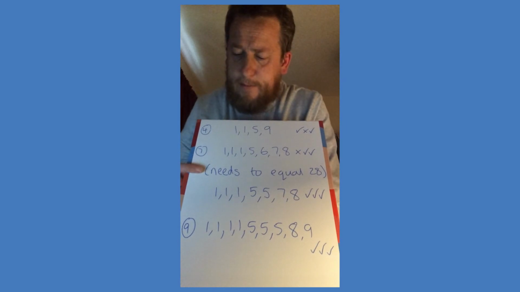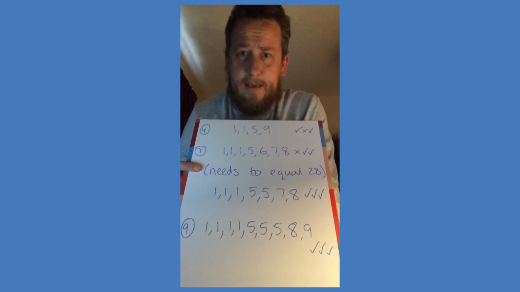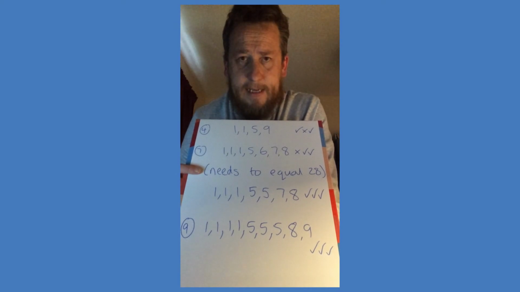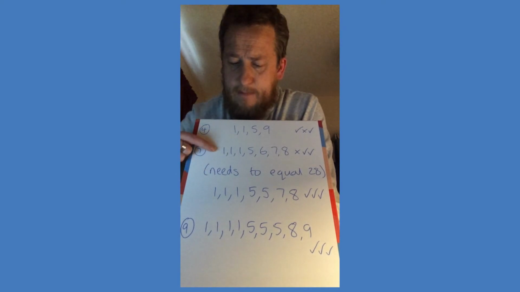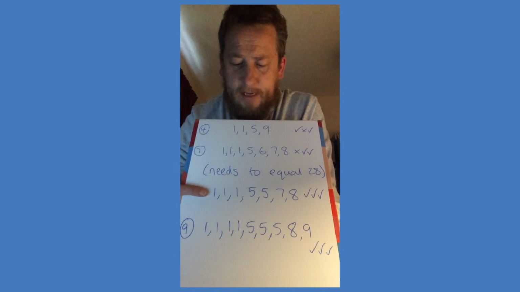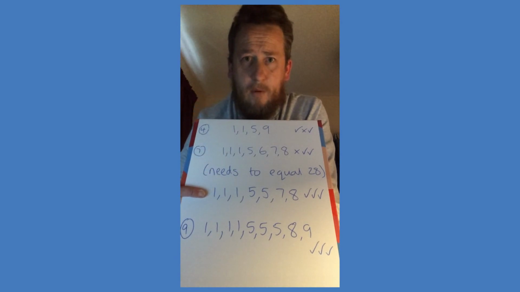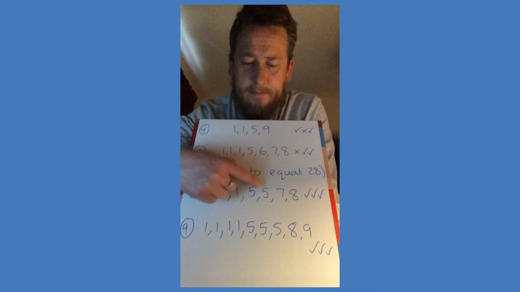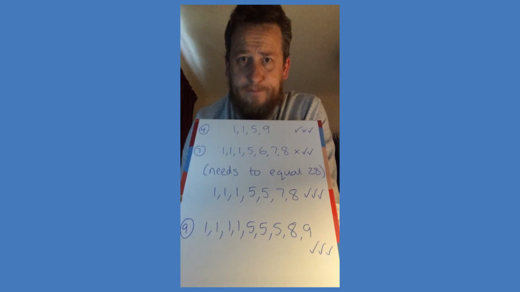So, bearing in mind that the only reason it had failed is because it needs to equal 28, I looked at my list of numbers and I rewrote it, and I made one small change. The small change was to take this 6 and change it into a 5.